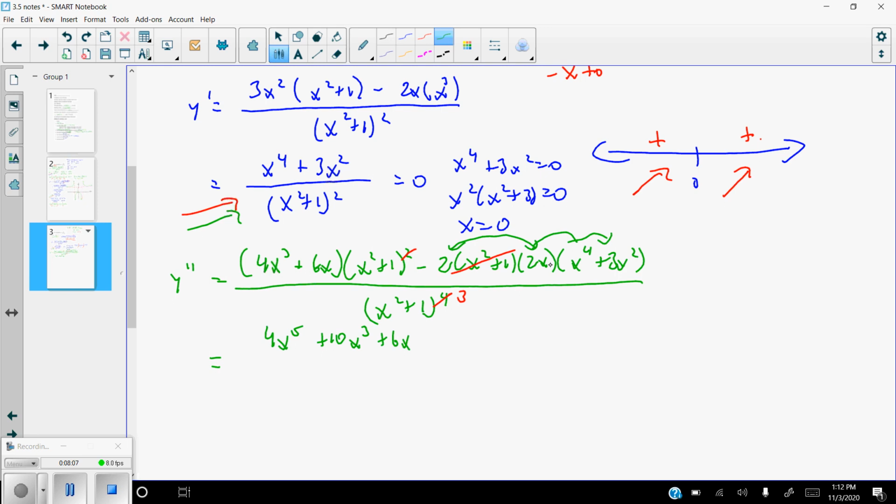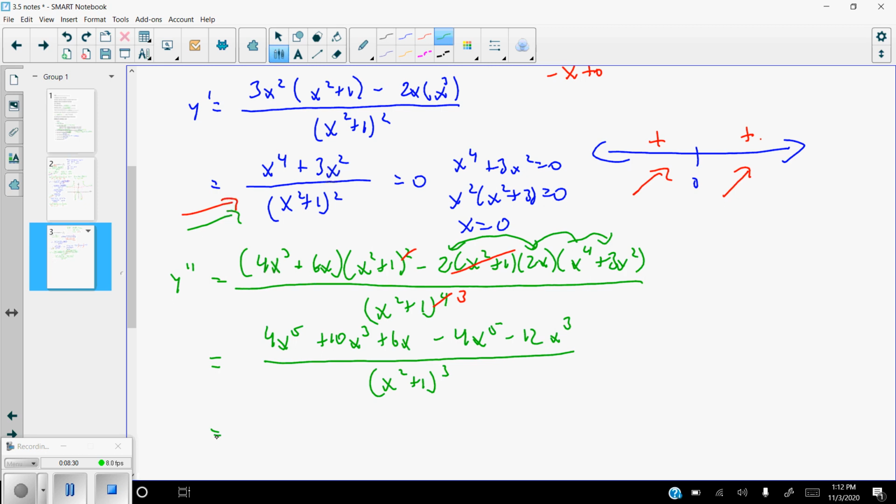So we're going to have a negative 4x distributed in. So it's going to be a minus 4x to the 5th, and then a minus 4 times 3 is 12. So minus 12x to the 3rd, all over x squared plus 1 cubed.